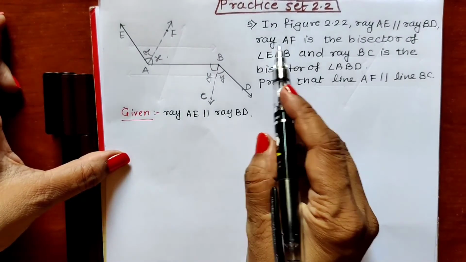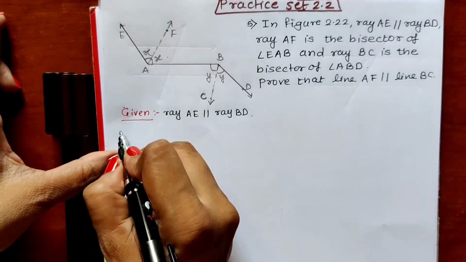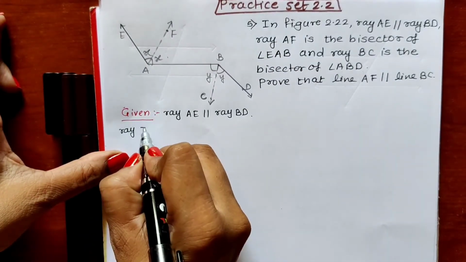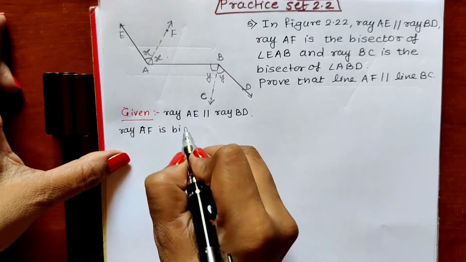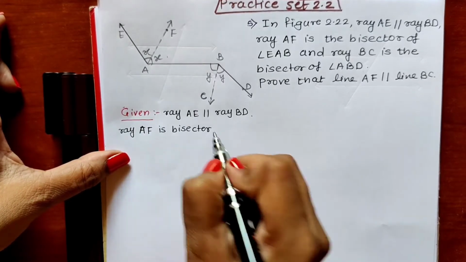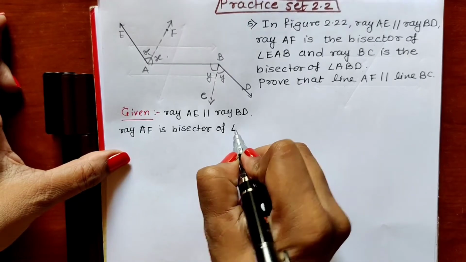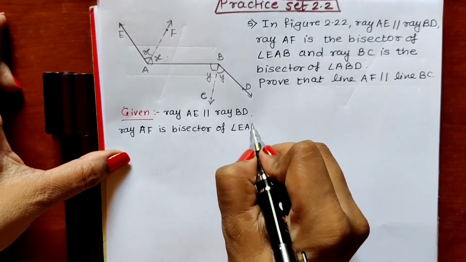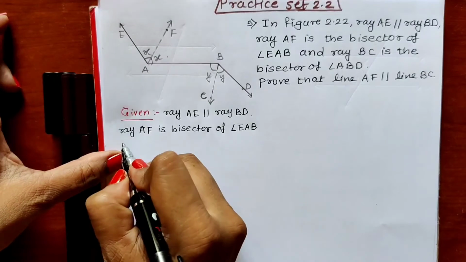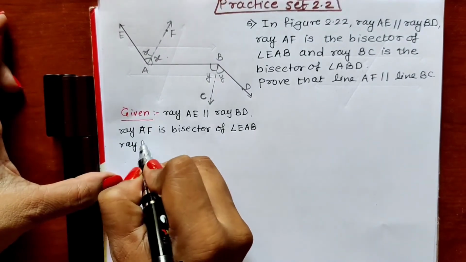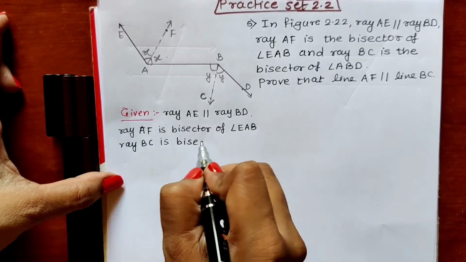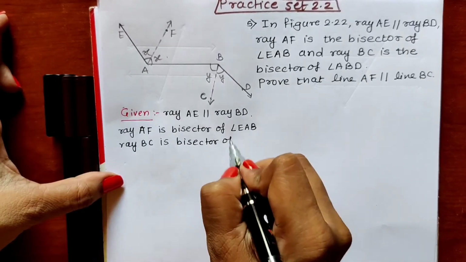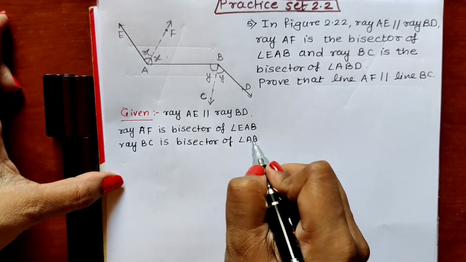Again, what is given? Ray AF is the bisector of angle EAB, and ray BC is the bisector of angle ABD.